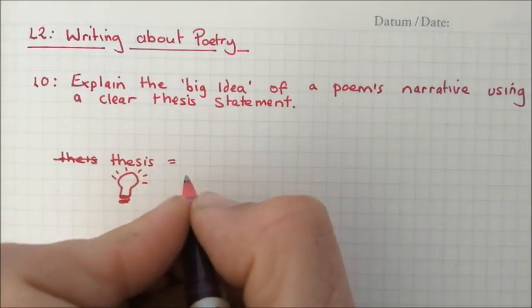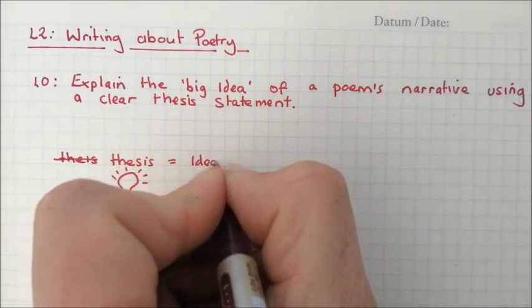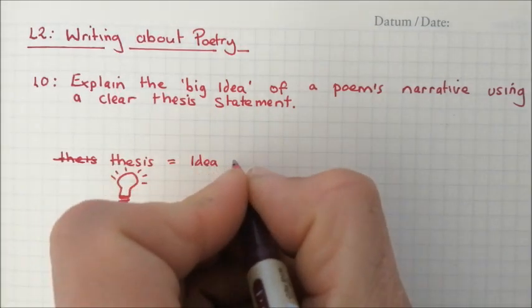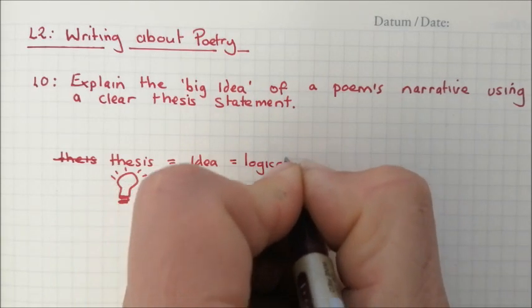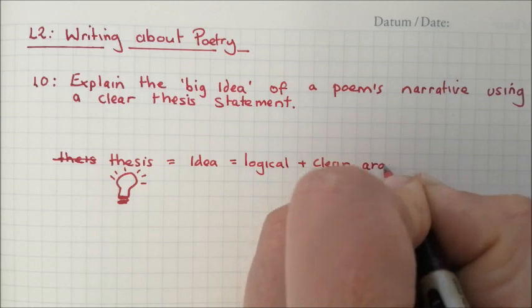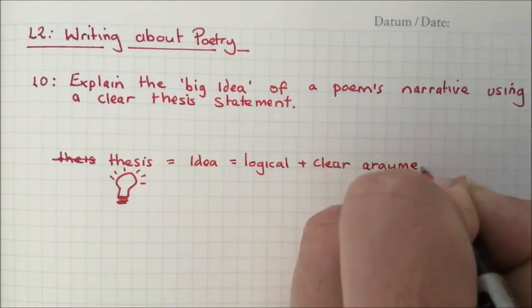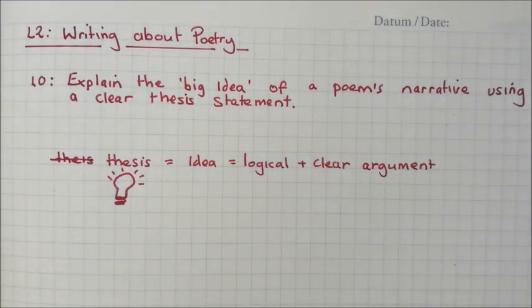And you want to lay it out in a logical and clear argument. And the best writing about poetry follows some kind of a pattern, and it's that pattern we're going to have a look at when we're going to work out our thesis.